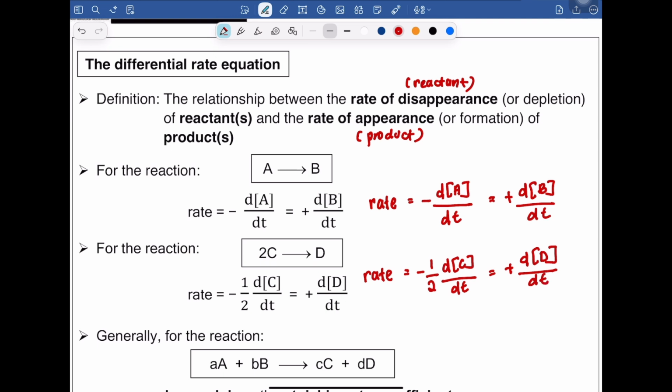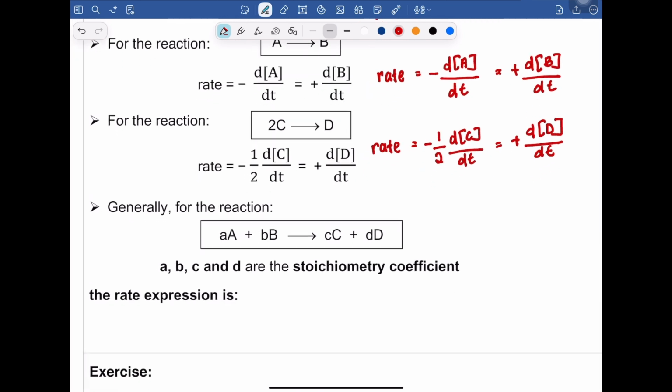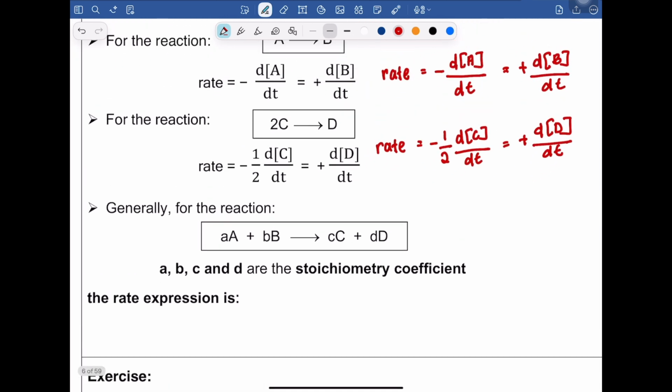Okay, so it is like this. Generally for the reaction, given here A plus B gives C plus D, what will be the rate expression?